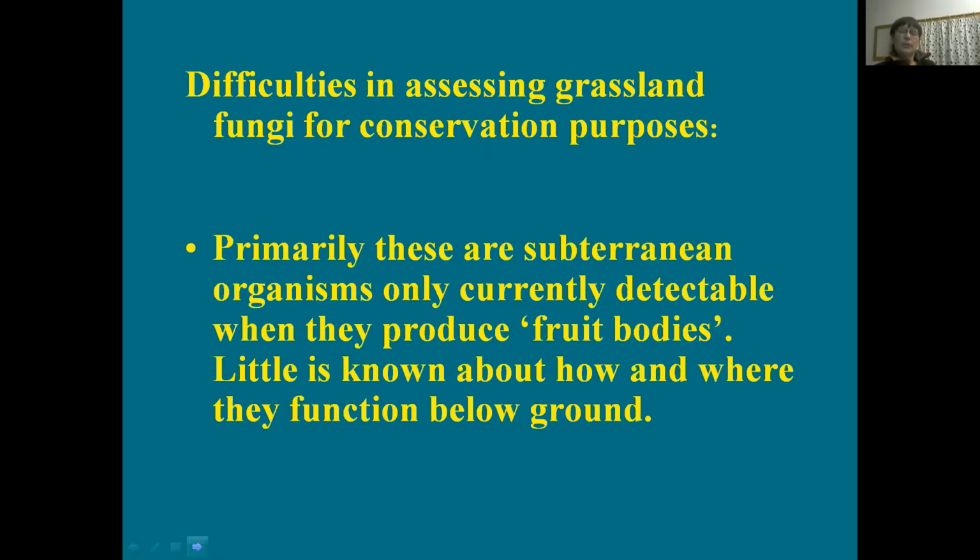I think perhaps for most of you who aren't mycologists, just a little explanation about what it is that we're seeing will explain, hopefully, that statement below, which says primarily these are subterranean organisms. They are currently only detectable when they produce fruit bodies, and little is known about how and where they function below ground.